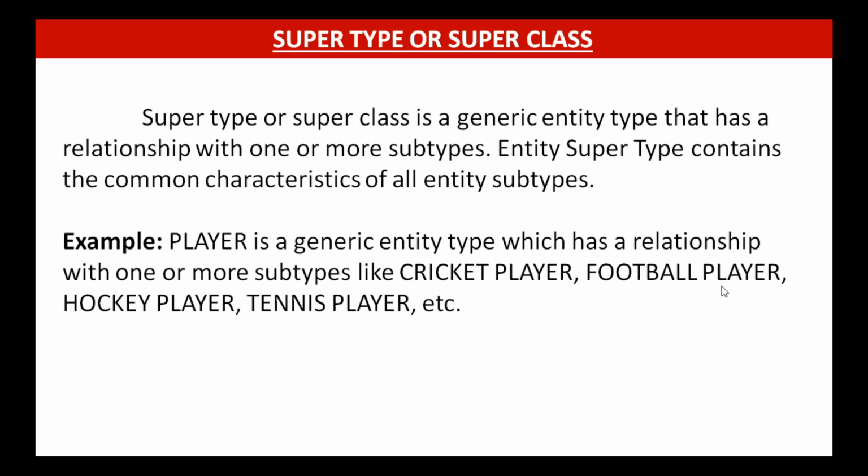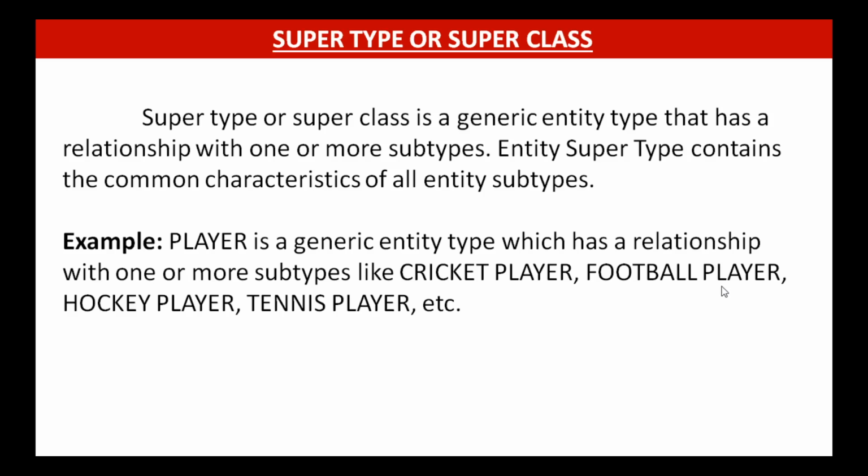First, the entity supertype, or entity superclass. An entity supertype is a generic entity type that has a relationship with one or more subtypes. That means the entity supertype contains the common characteristics of all entity subtypes.